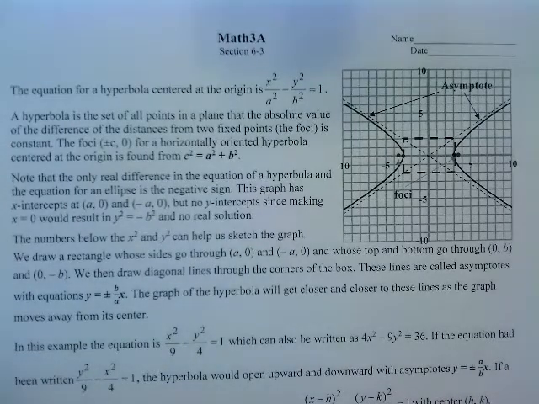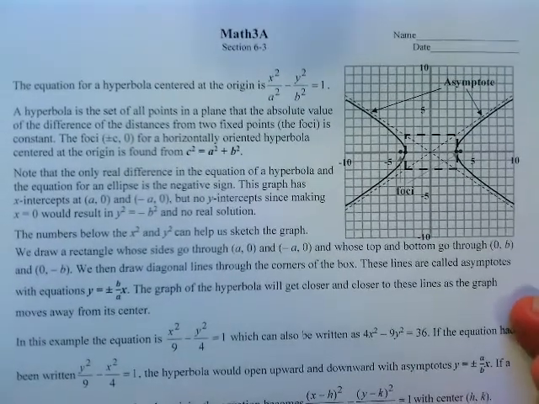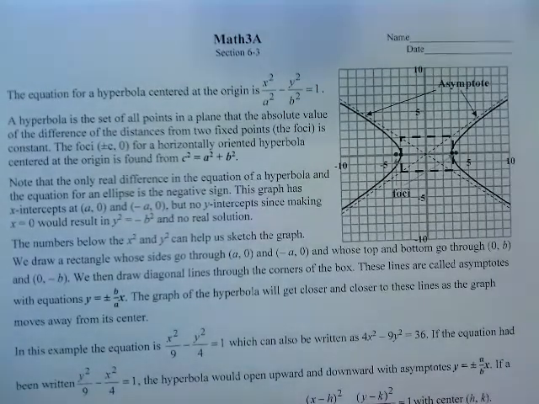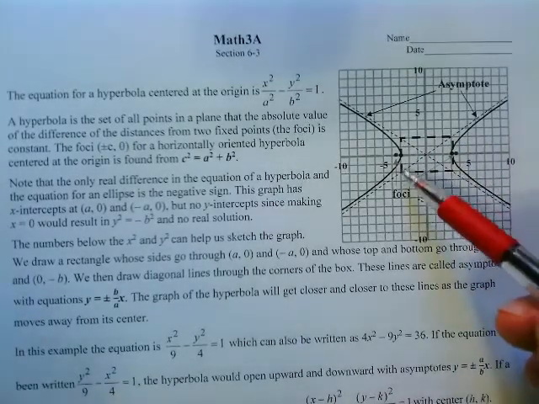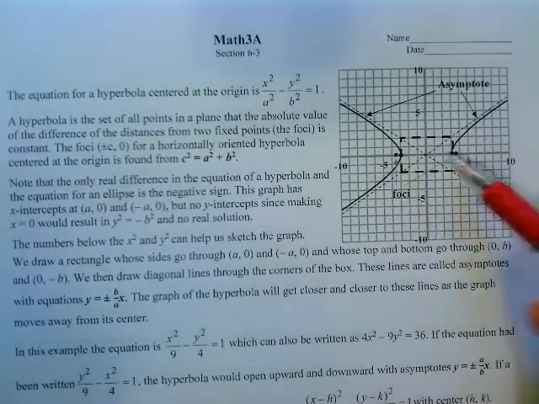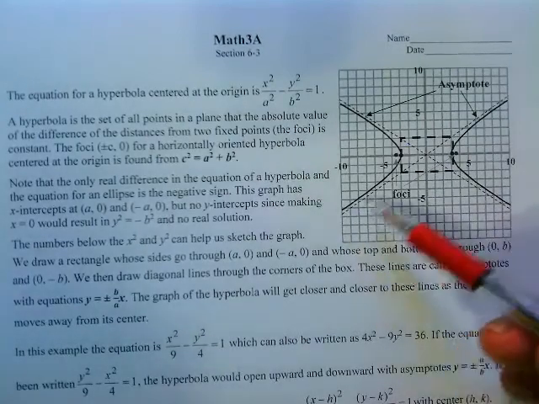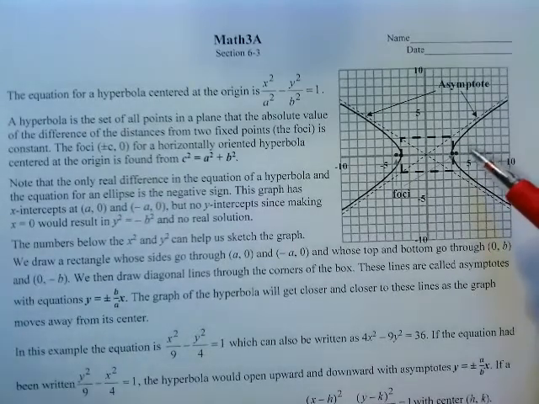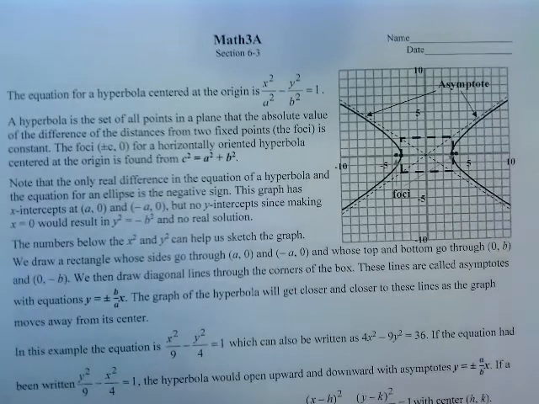Now, unlike what we did last time where we graphed a whole bunch of points, this one's going to be more of a sketch. And that's because we find that if you draw a box basically through the two vertices of the hyperbola, and then you draw diagonal lines that go through that box, your curve will actually get close to those diagonal lines.